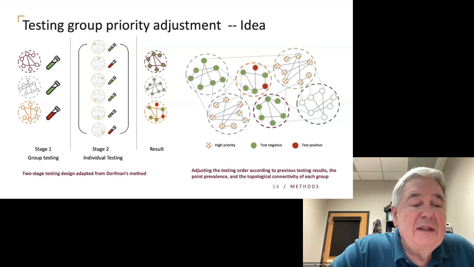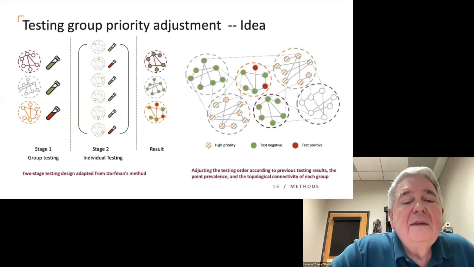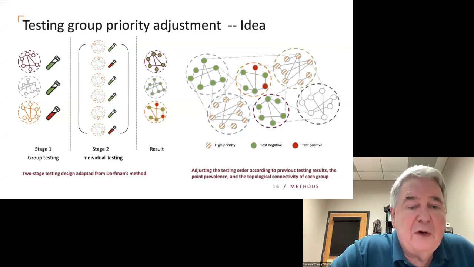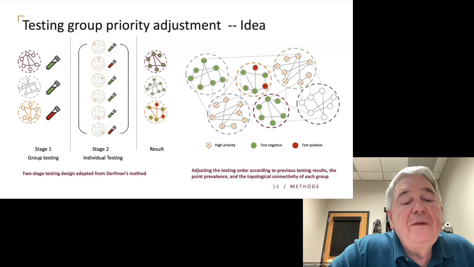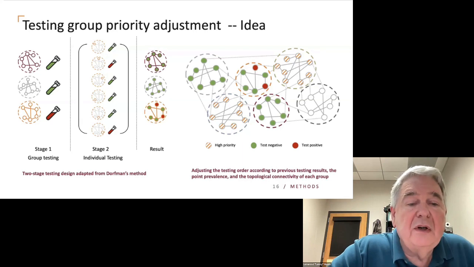After testing those 3, the third comes back with a positive test. Then in stage 2 testing, we test all 6 individuals in that subgraph, and we find 2 individuals are positive.